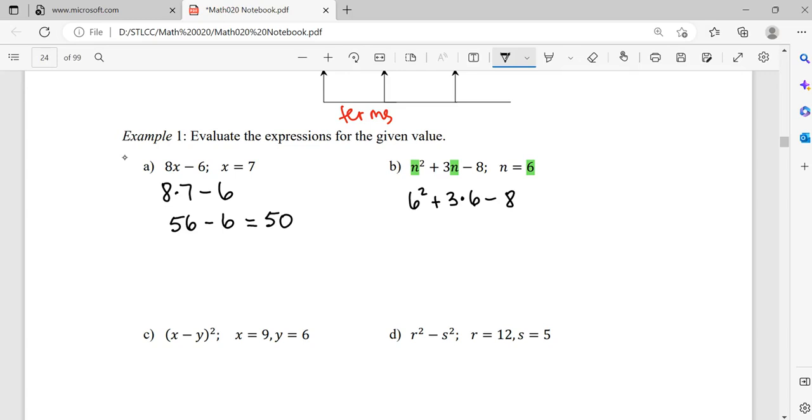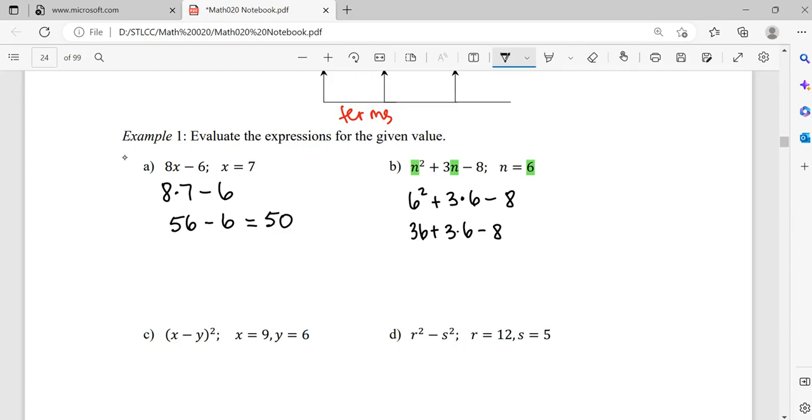The next step is to calculate the result using order of operations. Looking at the problem, I have an exponent, multiplication, addition, and subtraction. So I'm going to start with the exponent. 6 squared is 36, plus 3 times 6 minus 8.